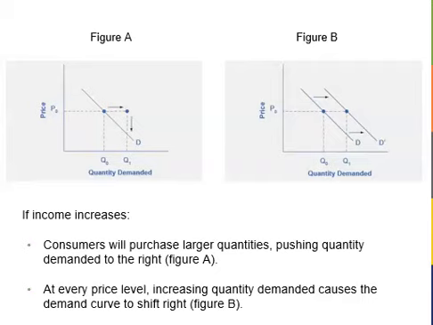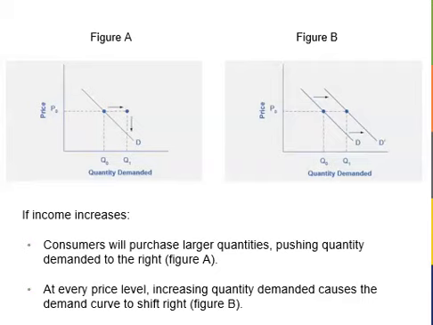For example, when income increases, we can afford to buy more organic food. So even though the price of organic food stays the same, our quantity demanded increases. In figure A on the left, you see that even though the price stays the same at P0, quantity demanded increases from Q0 to Q1 because of the higher income.